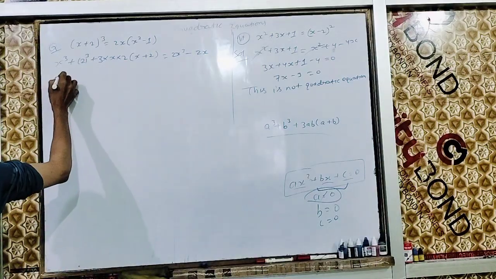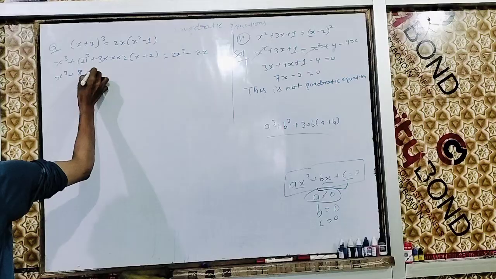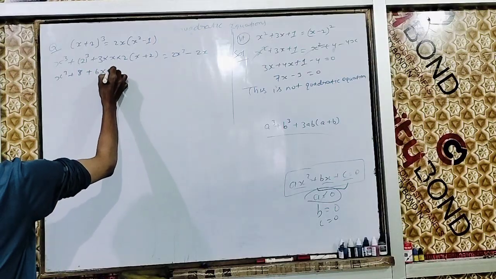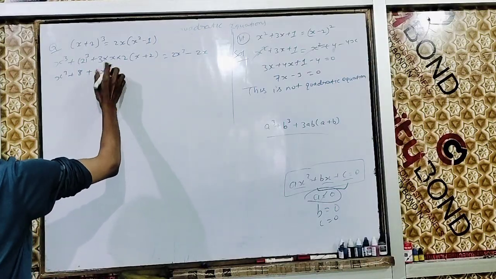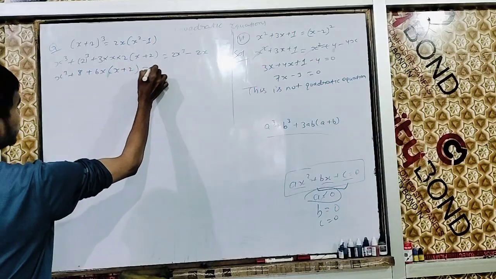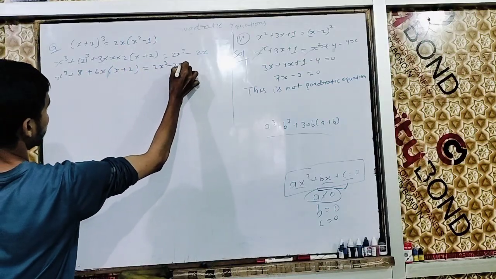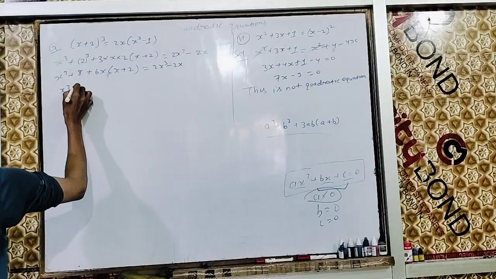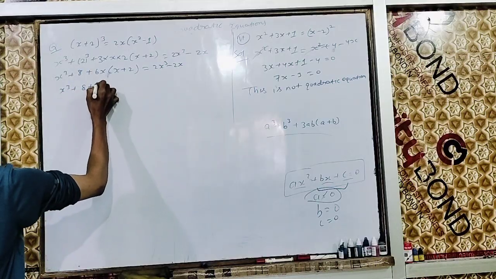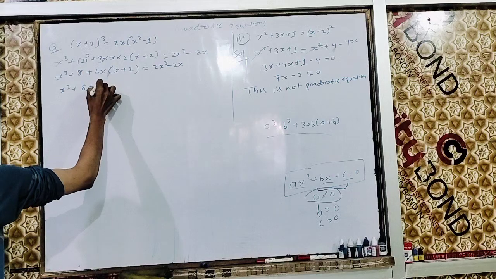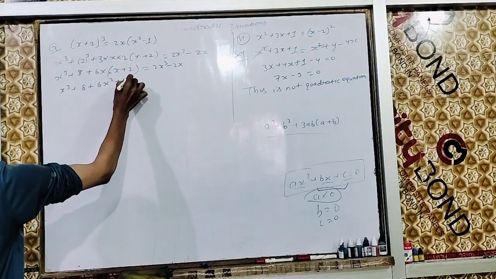Okay, x cube, then 8, it is 6x multiplied by x plus 2, 2x cube minus 2x, x cube plus 8 plus it will become 6x square, then 12x.